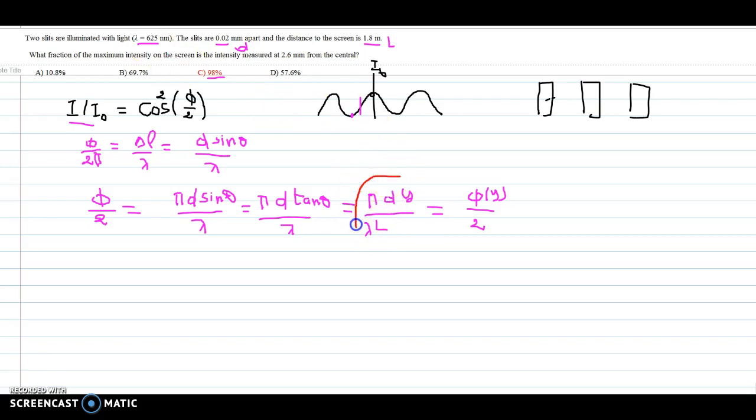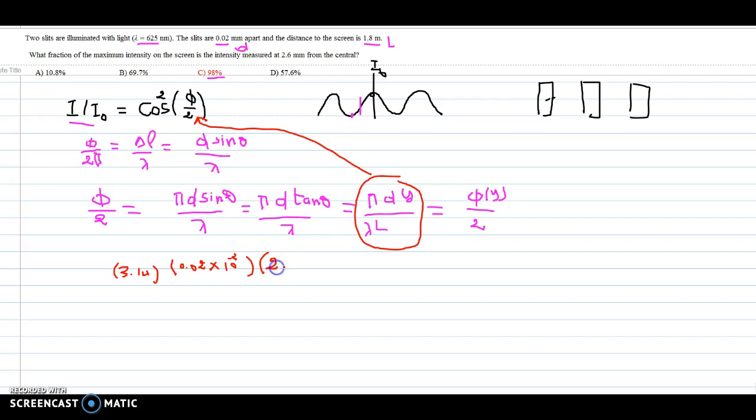This term here, because this is what we call phi over 2. Alright, pi is 3.14. And then I have d. What is d? 0.02 millimeters. I have to go back to meters, that is 10 to the negative 3. And then I have y, which is 2.6 millimeters.